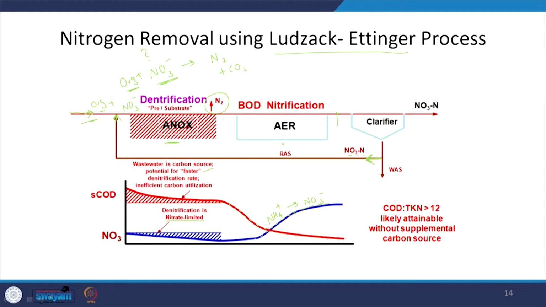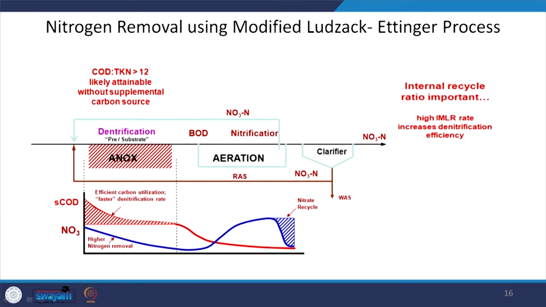There are two reasons to recycle: one, to bring nitrate out here, and also to bring out the microorganisms, but nitrate is leaving the system. So, we have another way, where nitrate is recycled from the aeration tank, the internal recycle. This internal recycle ratio is pretty important.